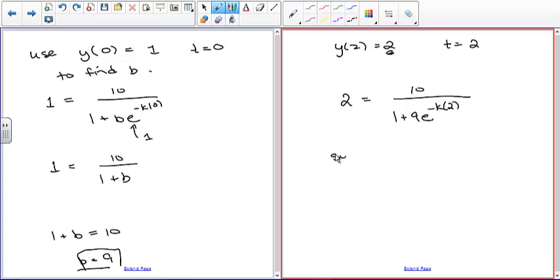So now you have to solve for k. You do the same thing. You cross multiply, so you get 2 times 1 plus 9 e to the minus 2 times k is equal to 10. Divide both sides by 2.